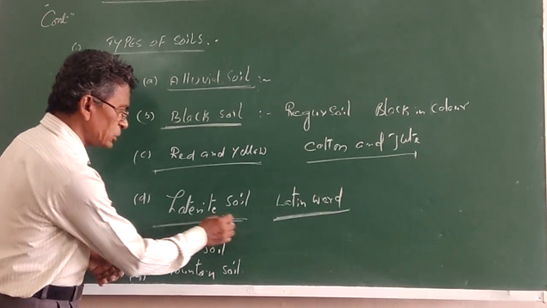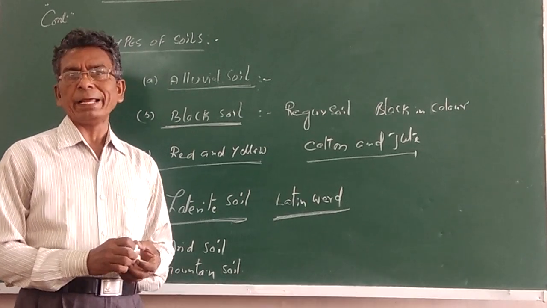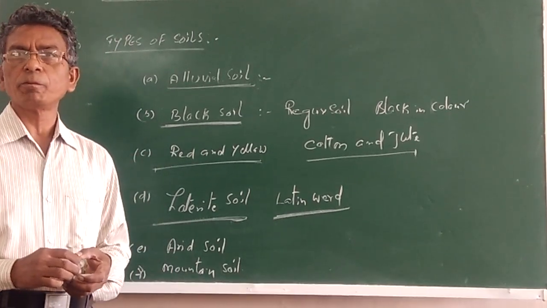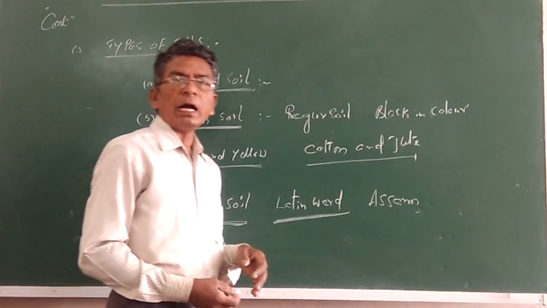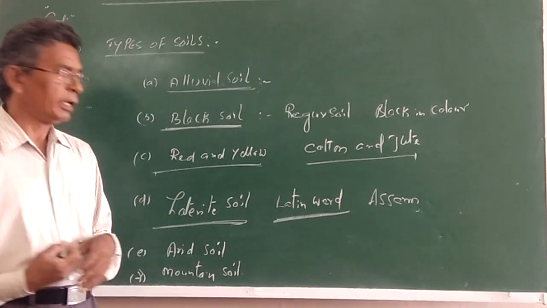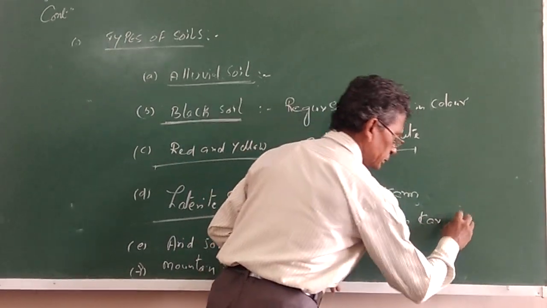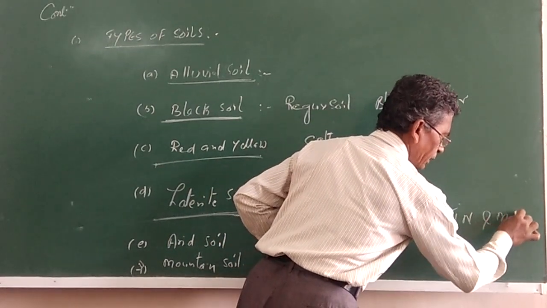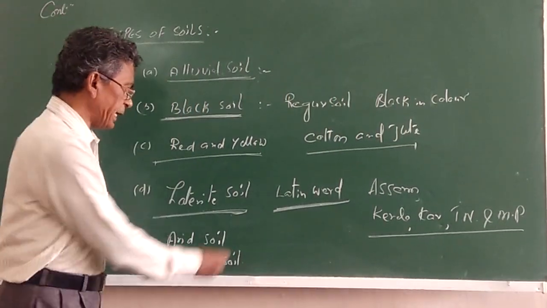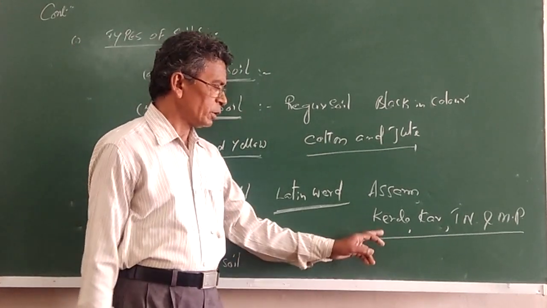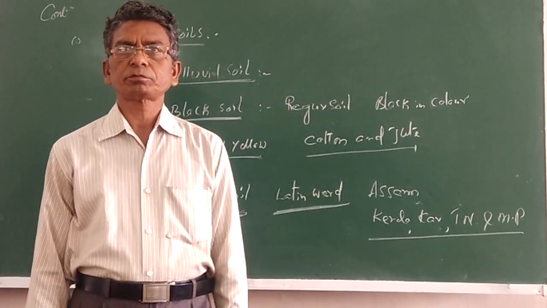So these soils can be identified only in the mountain plains, high altitude regions of the Assam region, and even parts of Kerala, Karnataka, Tamil Nadu, and Madhya Pradesh.